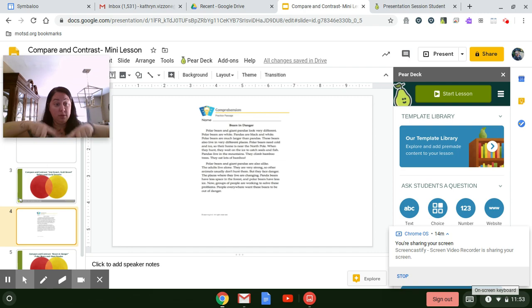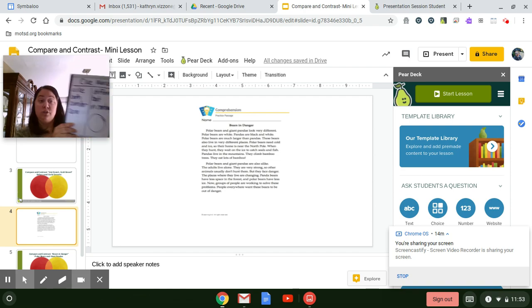You're going to do the Venn diagram and tell us how they are similar and how they are different. I want you to do a good job and look for all the clue words, and you can look for the similarities and the differences. And I can't wait to see your completed Venn diagrams in this new Pear Deck thing that we are trying.